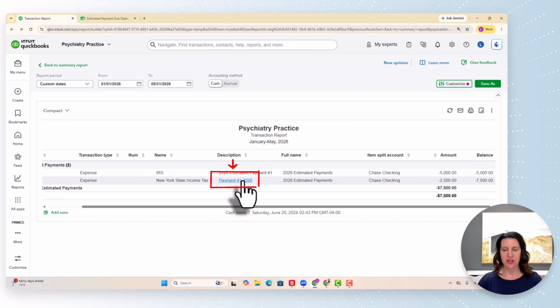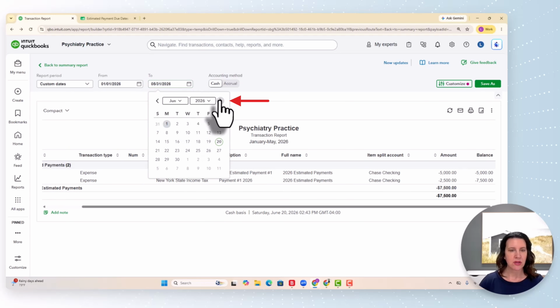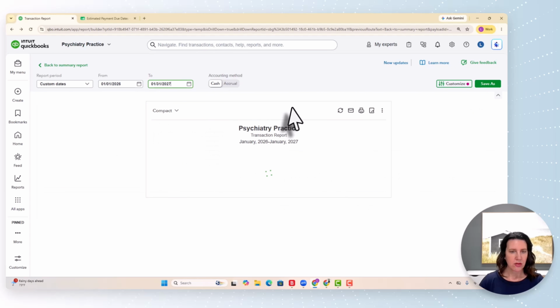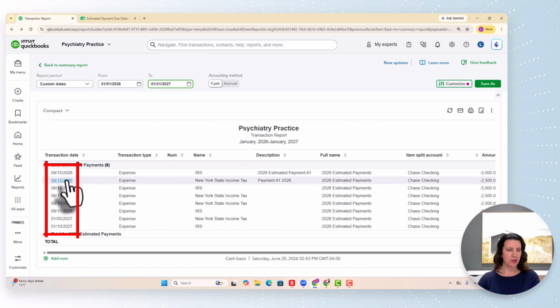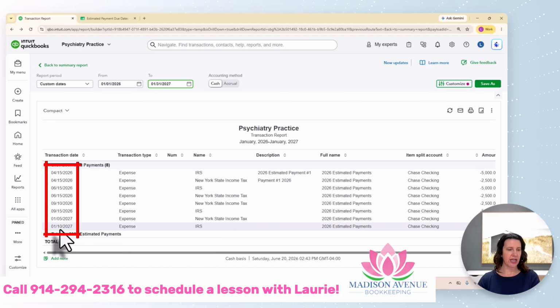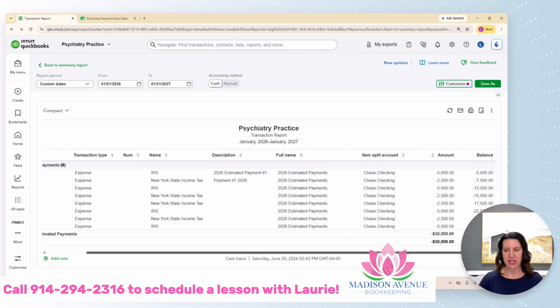You would like to say the year in your description because in 2027 you could be doing your 4th payment. So let me future this out to 2027. And you basically should count out 8: 1, 2, 3, 4, 5, 6, 7, 8, if you're in a state with income tax. There's a couple states that don't have it.